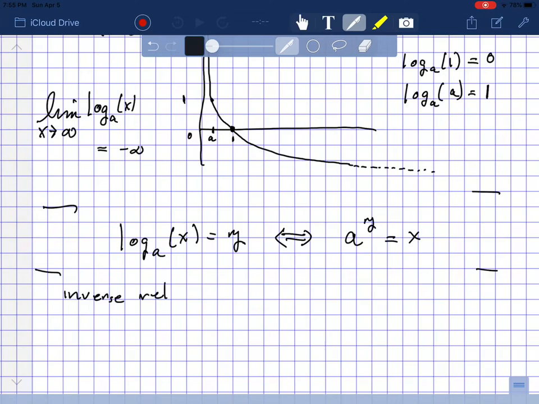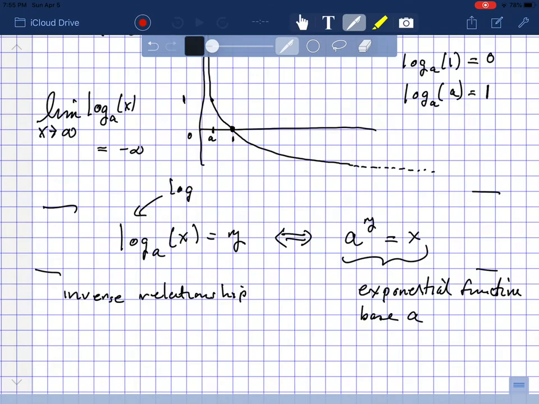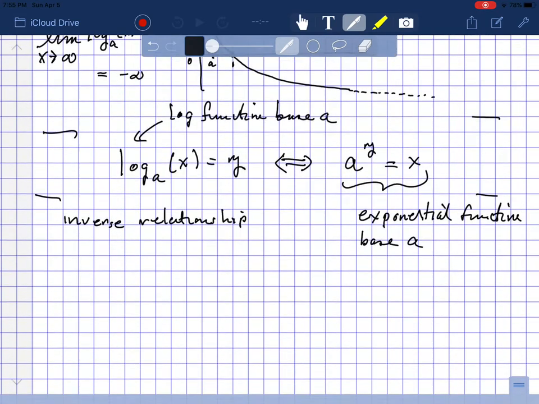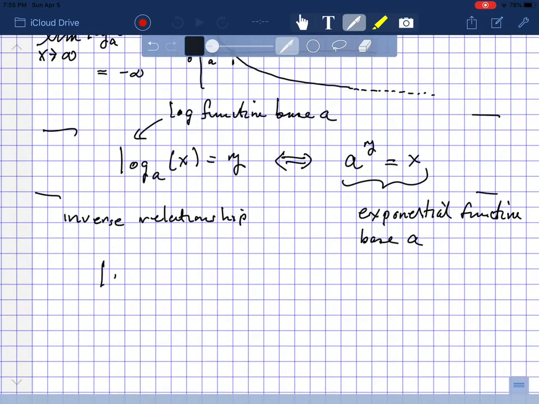So this is our inverse relationship. Over here, this is the exponential function, base a. And over here, this is our log function, base a. And they're inverses of one another.